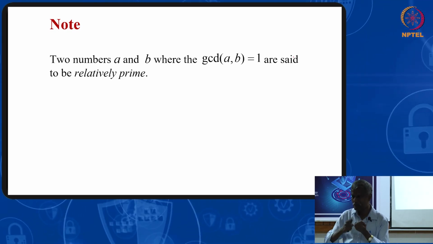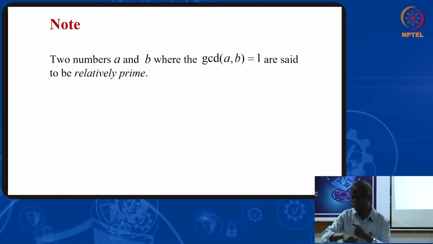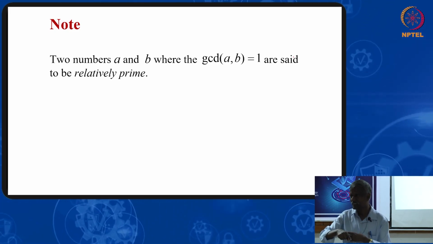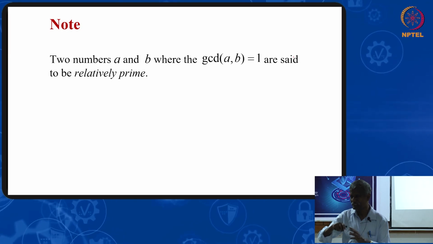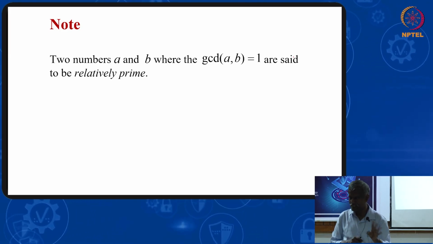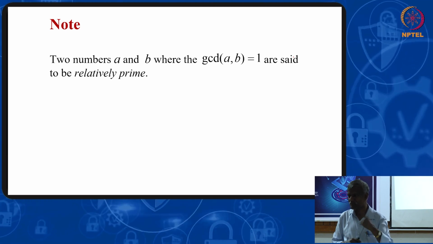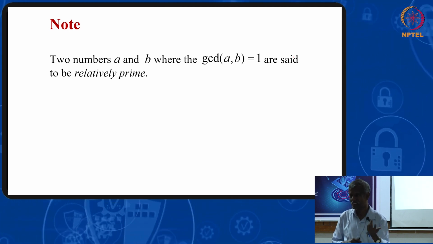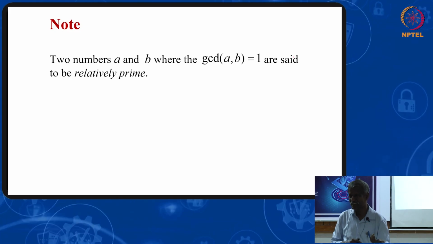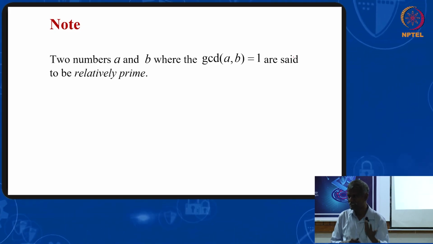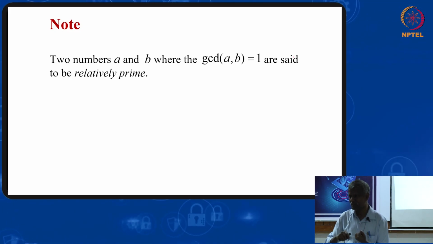So the number of numbers less than 7 and relatively prime to it is 6. For a prime number it will be n minus 1. 7 is a prime number, therefore n minus 1, which is 6. For 11 it will be 10. For 17 it will be 16. Phi of 17 equals 16.